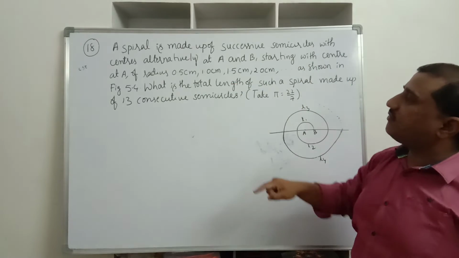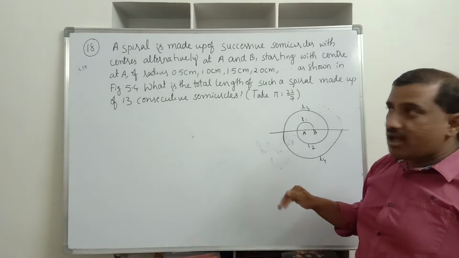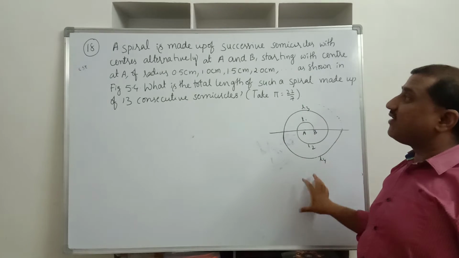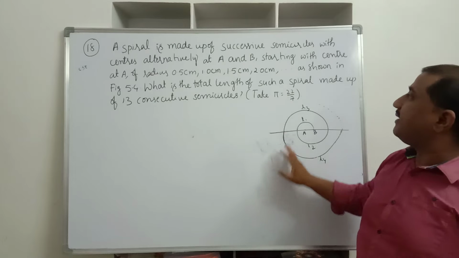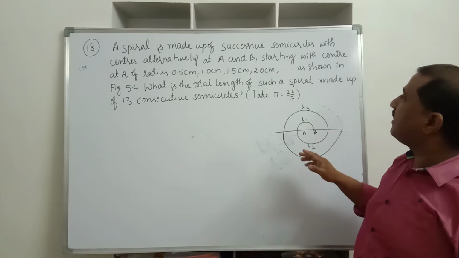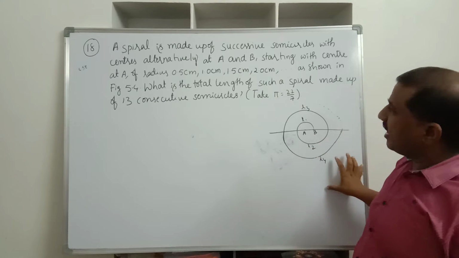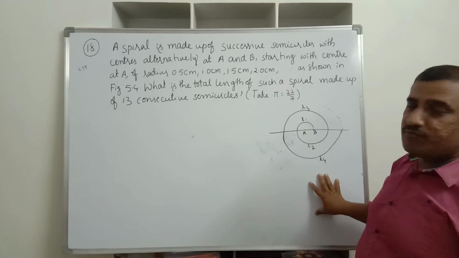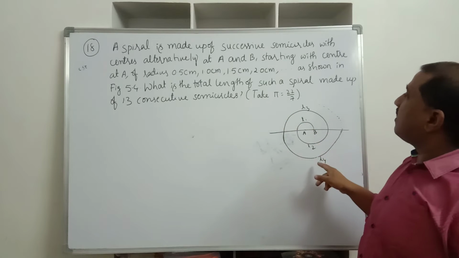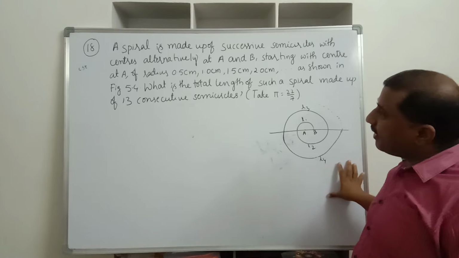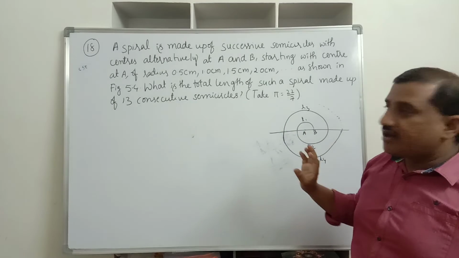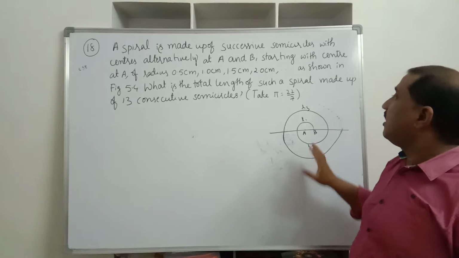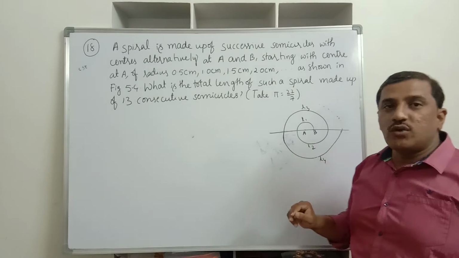Starting with the center at A, of radius 0.5 centimeters, 1.0 centimeter, 1.5 centimeters, 2.0 centimeters and so on, as shown in Figure 5.4. What is the total length of such a spiral made up of 13 consecutive semicircles? Take pi equal to 22/7.